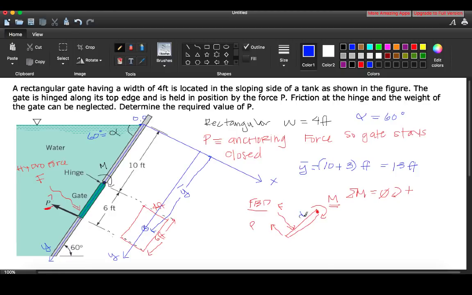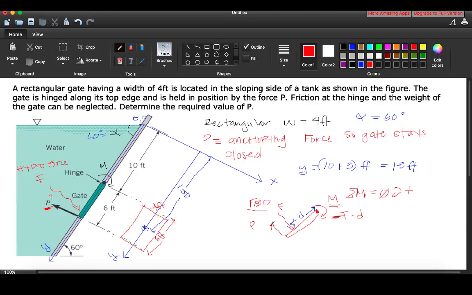So we need this distance here to get the hydrostatic force multiplied by that little distance, right? Is that going to be positive or negative? Right-hand rule states that it is going to be in the negative direction. It's going to be acting opposing this moment. So that's negative.